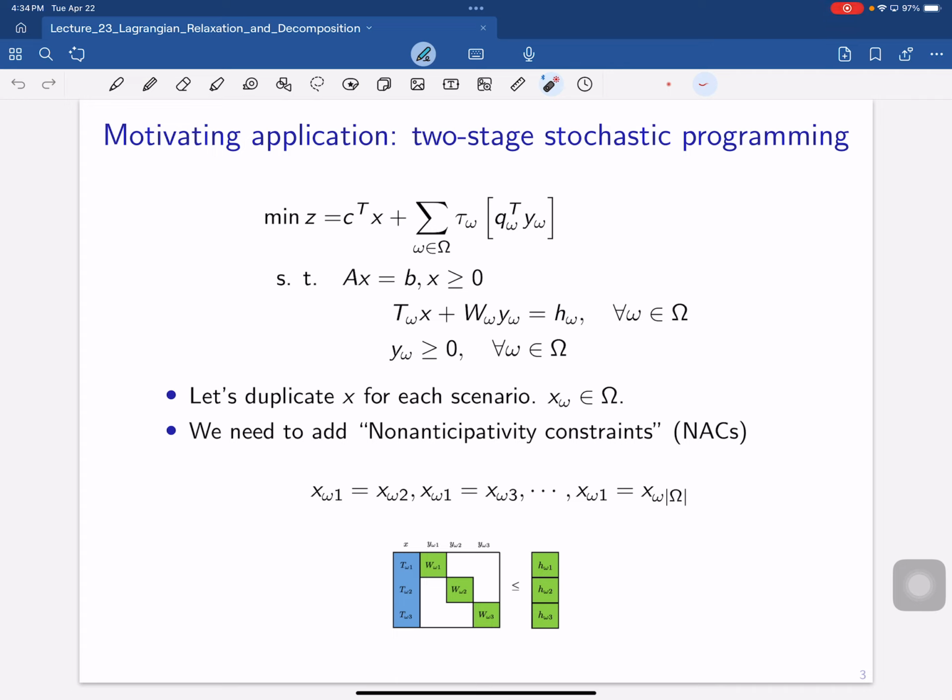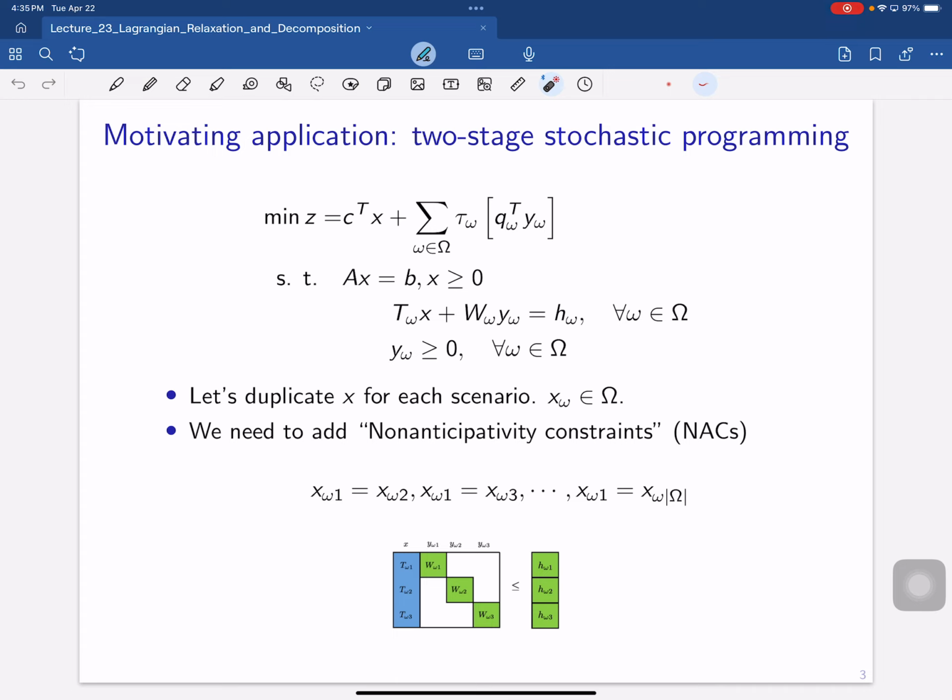Remember in the Benders decomposition lecture, x is the so-called complicating variable. If you fix x, all the y's can be decomposed by each scenario omega. That's why x is called the complicating variable in two-stage stochastic programming, and you can apply Benders decomposition. You have a master problem on x, then fix x, solve the subproblem, generate a cut corresponding to extreme points or extreme rays, add the Benders cut back to the master problem, and keep iterating.